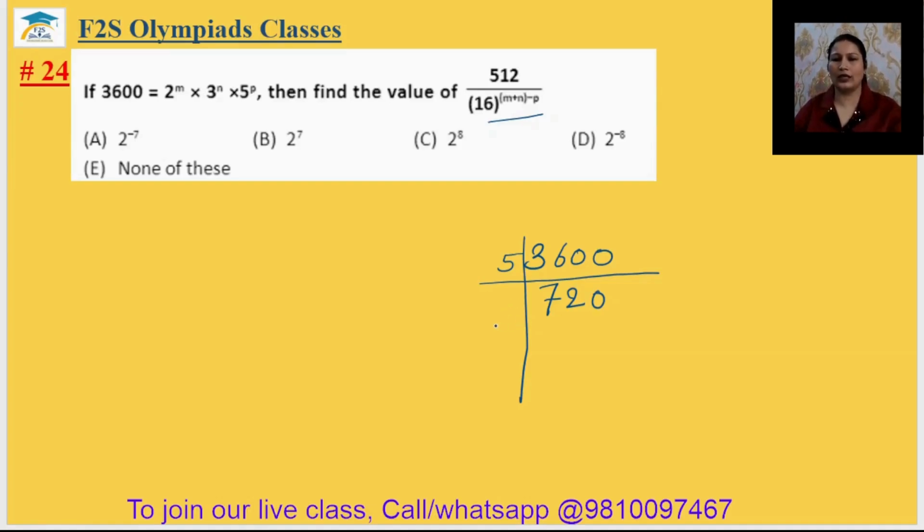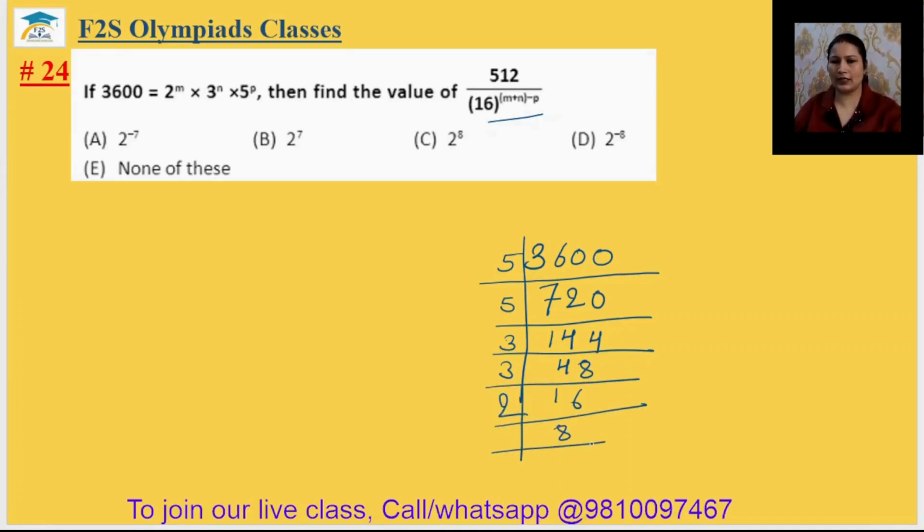Now again I can take 5. Now 3: 3 4s are 12, 3 1s are 3. Now 2 8s are 16, 2 4s are 8, and then 2 2s are 4.